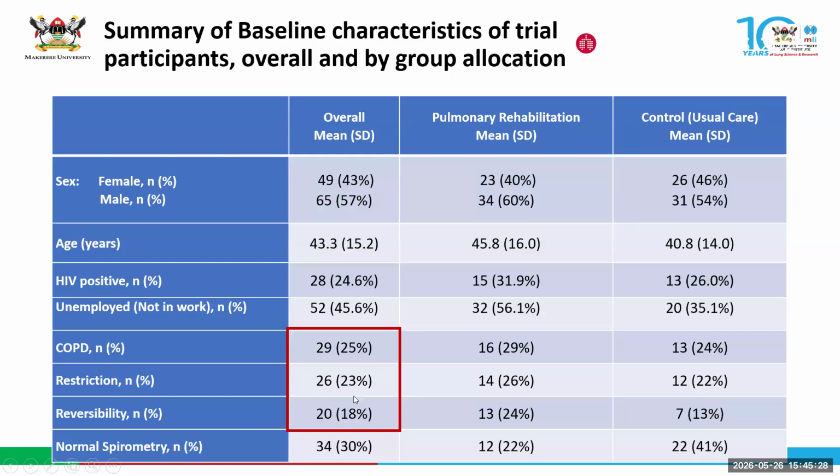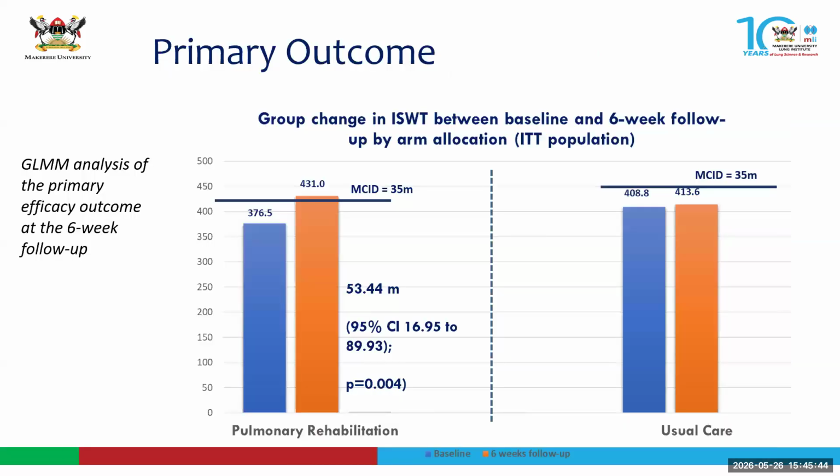This is I think almost 70%, 2/3 of the patients had some sort of airway syndrome, either COPD or an asthma syndrome or even restriction, and most of them actually needed to be on inhalational therapies.